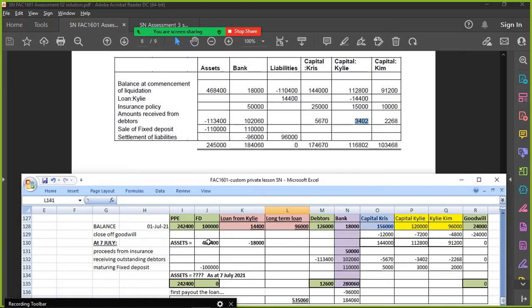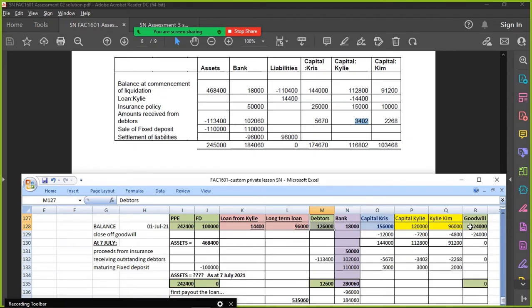So if we exclude the bank account, let's just check the working. They're minusing 110 for the sale of the fixed deposit, so this plus that equals the 268. Okay, that's how they've got that. So this amount here only takes the PPE, the fixed deposit, and the debtors into consideration. It excludes the bank and it excludes the goodwill.